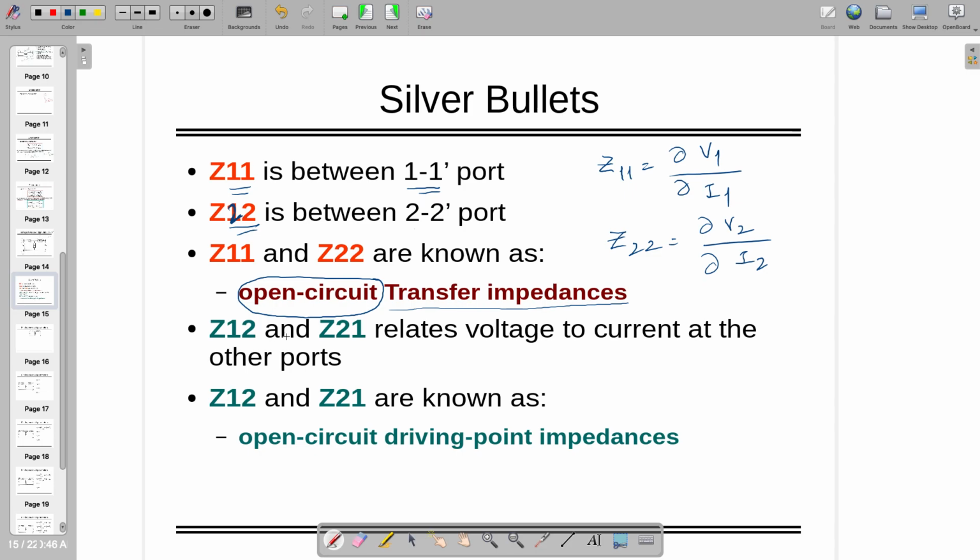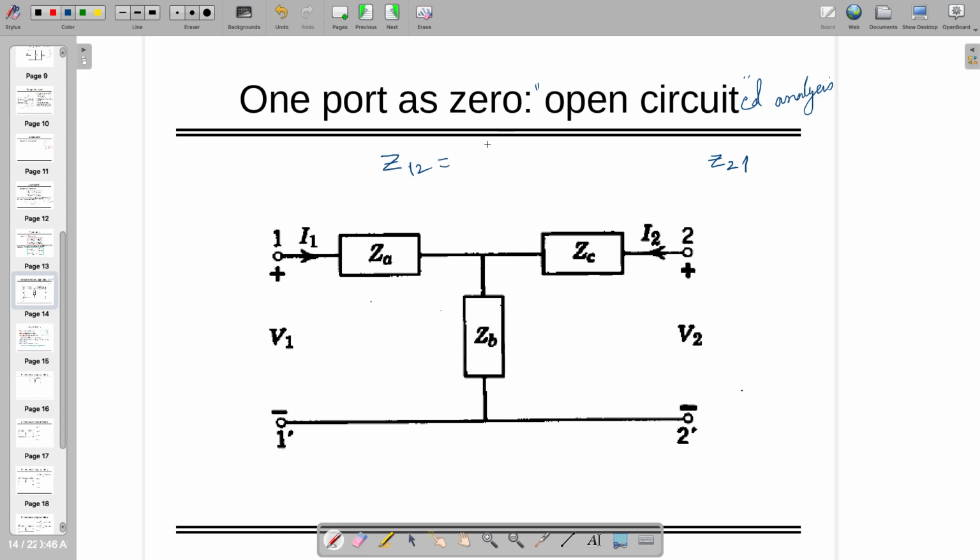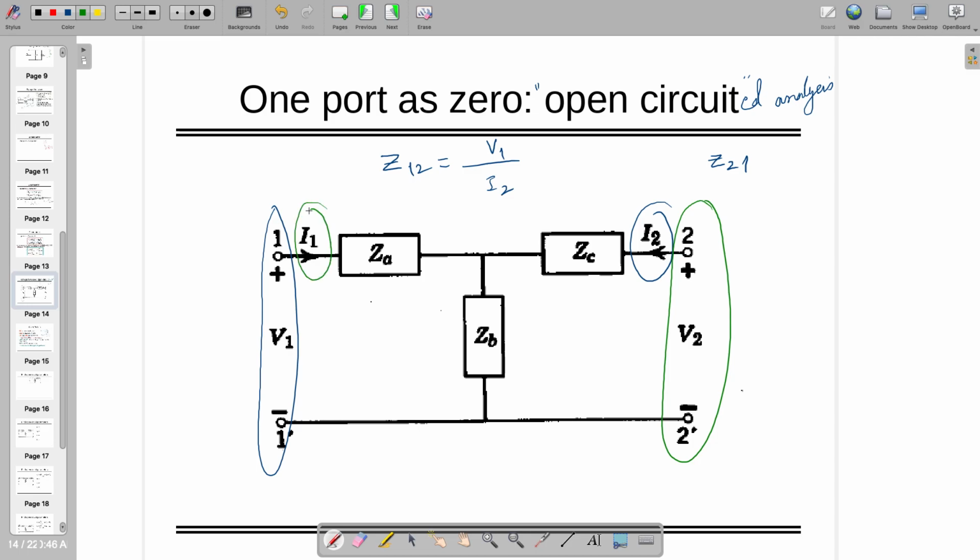However, Z12 and Z21 are related to voltage and current at the other ports. So what exactly does it mean? Z12 is equal to V1 by I2, so V1 depending on this current, or Z21, which is V2 depending on this current I1.